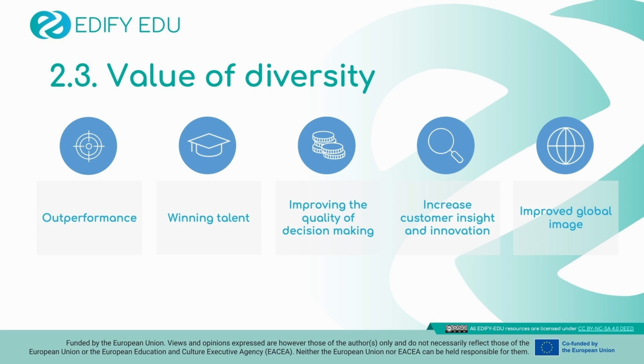For instance, companies where more than 30% of the executives are women were more likely to outperform companies where this percentage ranged from only 10 to 30. The business case for ethnic and cultural diversity is also strong. In 2019, companies with the highest ethnic diversity were 36% more profitable than the least diverse in the market.